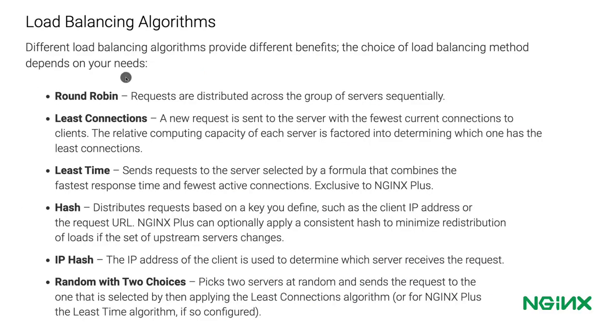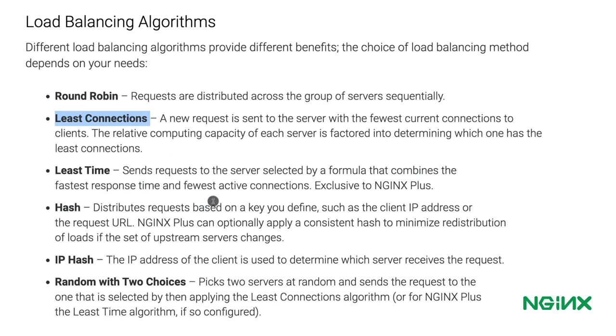So you've got round robin, where requests are distributed across the group of servers sequentially. You have least connections. A new request is sent to the server with the fewest current connections to clients. You've got least time. Send requests to the server selected by a formula that combines the fastest response time. You've got hash.